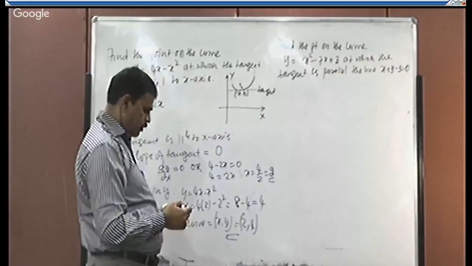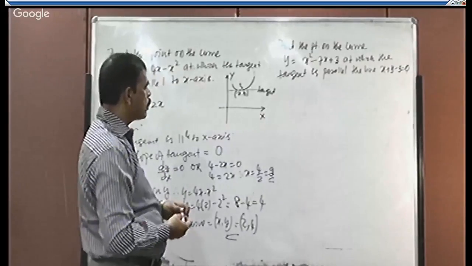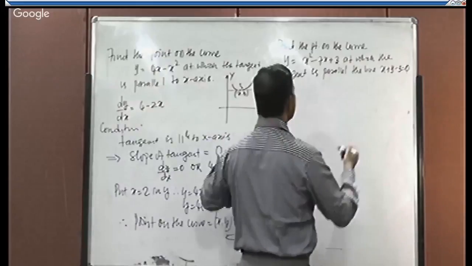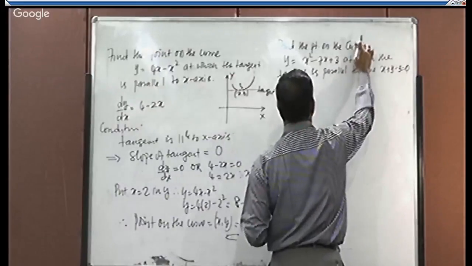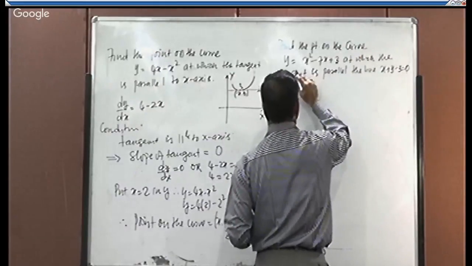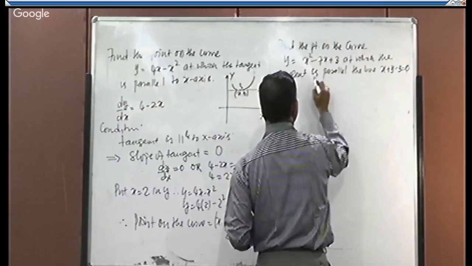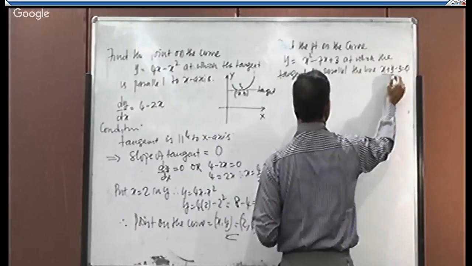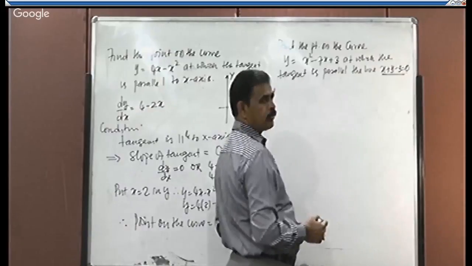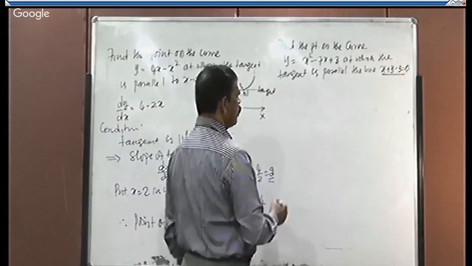See, we need to get the point on the curve at which the tangent is parallel to the line x plus y minus 3 is equal to 0.